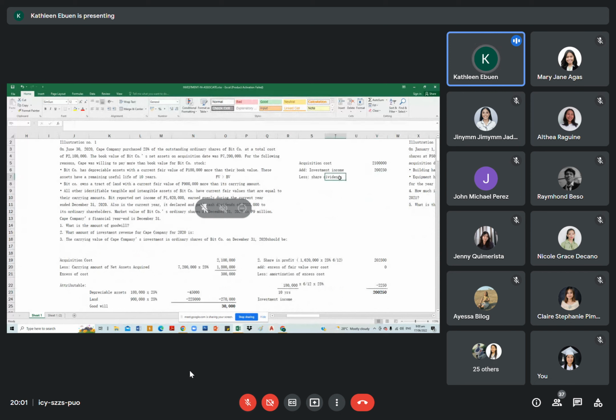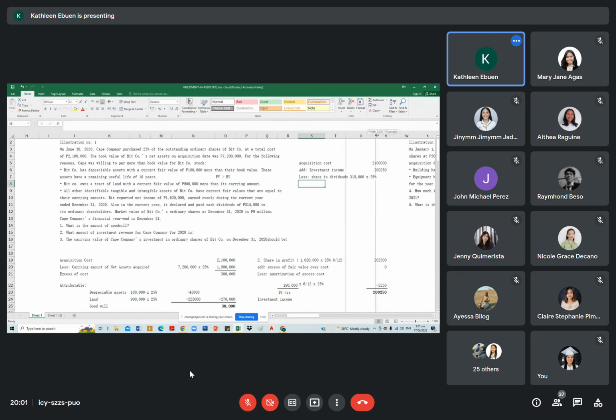So, yung share in dividends natin. Nagbayad ba ng dividends si BIT Company? Okay, so also in the current year, it declared and paid cash dividends of 315,000 to its ordinary shareholders. Hindi po yung buong 315. Hindi natin i-assume lahat ng cash dividends, kung magkano lang yung binili nating shares na 25%.